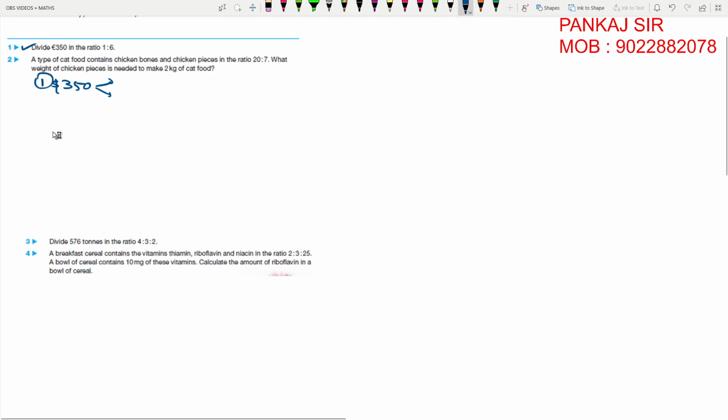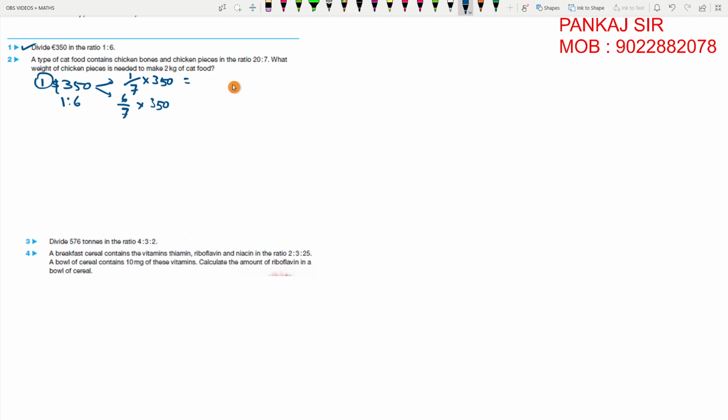So if you want to divide in the ratio 1:6, the first part will be 1 over 6 plus 1, which is 7, times the total amount, that is 350. And the second part will be 6 over 6 plus 1, which is 7, times 350.